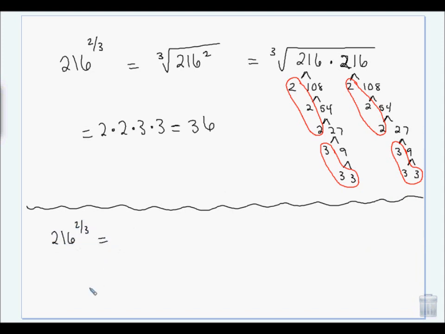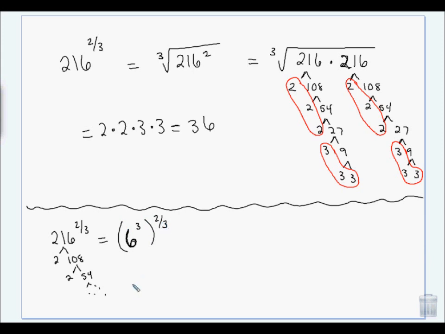Now, there's another way to do this. And that involves factoring 216 first, and we know that that factors to 2 times 2 times 2, 3 times 3 times 3. So it actually factors to 6 to the 3rd to the 2/3.